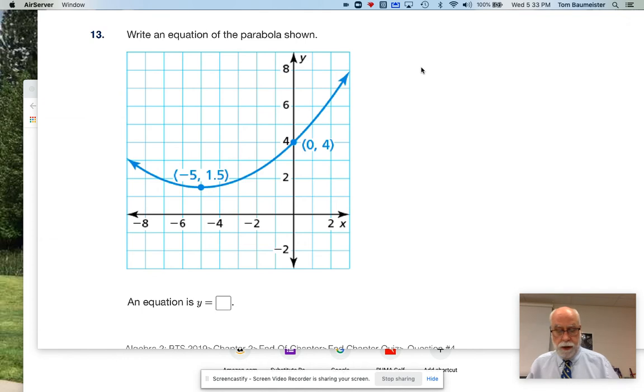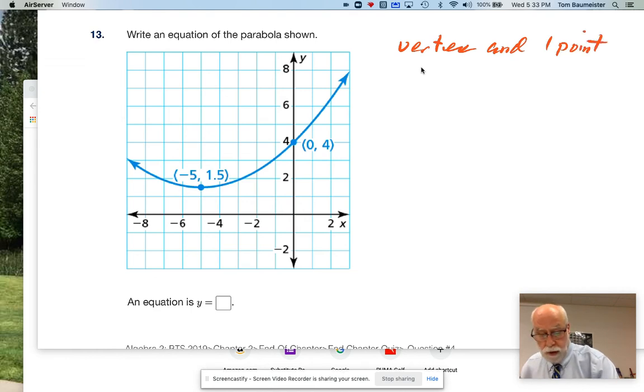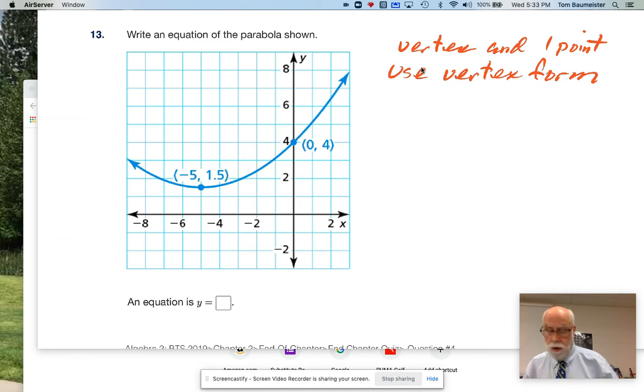So on this one here, you have a vertex and 1 point. So on this one here, you would use the vertex form. So remember, the vertex form is y is equal to a times x minus h squared plus k.